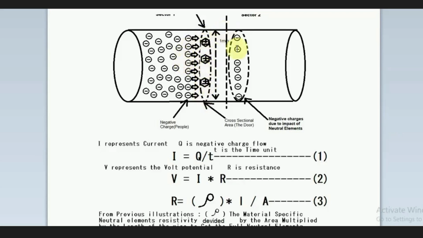You're going to find here that in sector 2 the negative charges are going to be a lot less. Maybe they're going to reach 2 electrons or something.